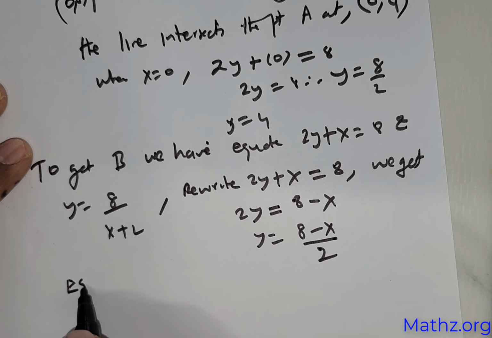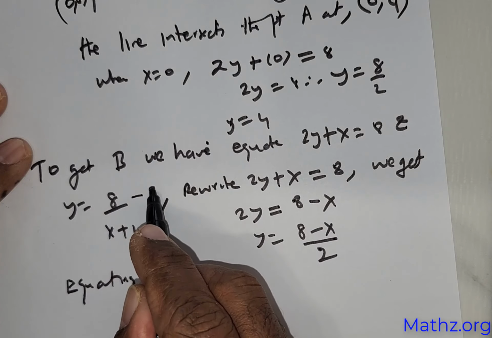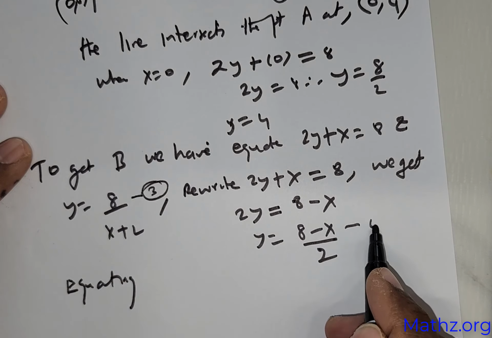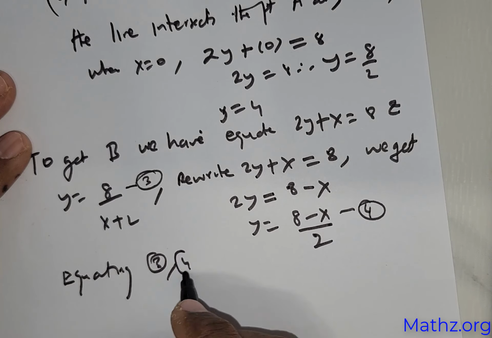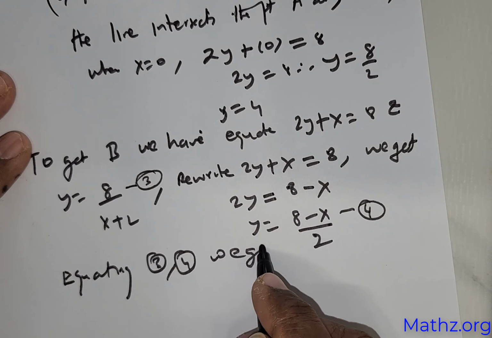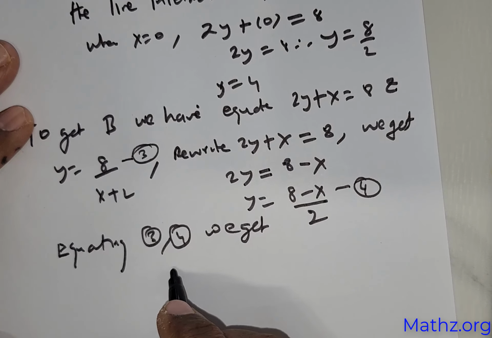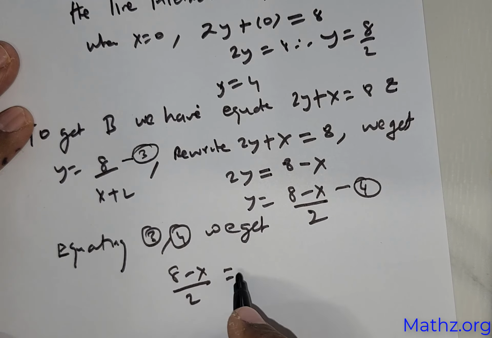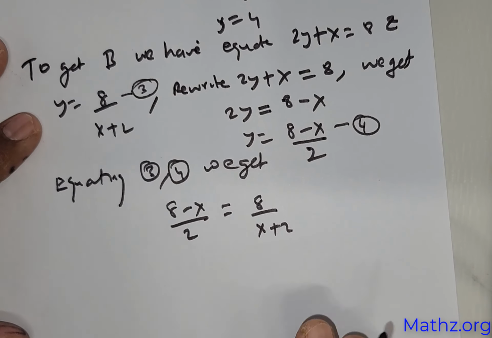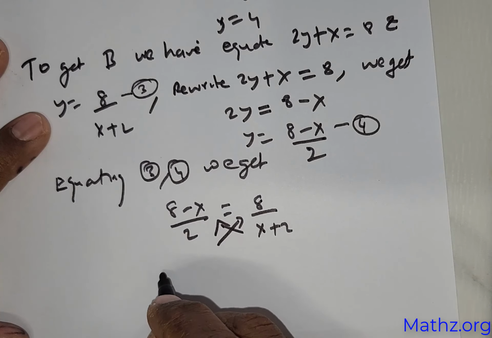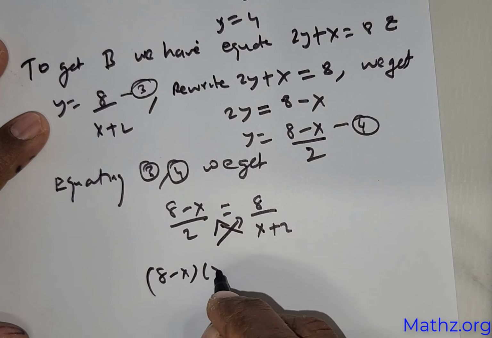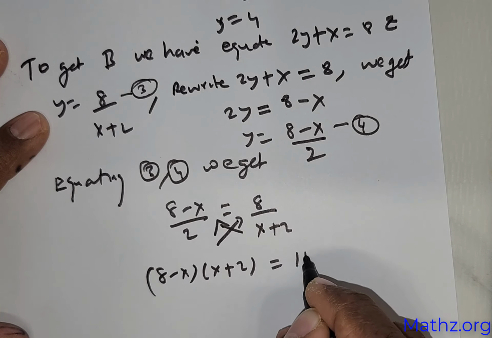Now equating 3 and 4, we get (8 - x) over 2 is equal to 8 over x + 2. You cross multiply, you will get (8 - x)(x + 2) = 16.